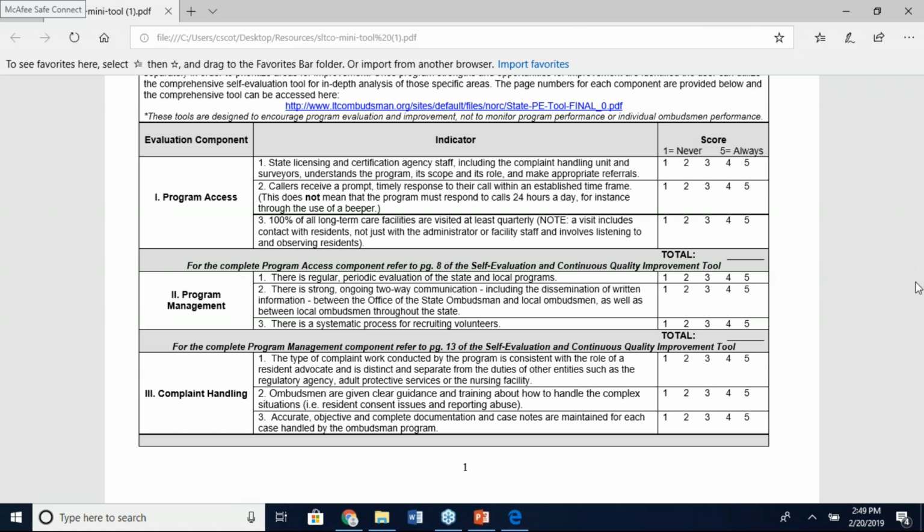Yes, we have a systematic process for recruiting volunteers. We have a process, but are we successful at recruiting volunteers? The answer really has been pretty much a no lately. This is an area where, in the past, as a state we had really big numbers of volunteers, and that has just slipped and slipped and slipped, and I keep wondering when I'm going to hit rock bottom.